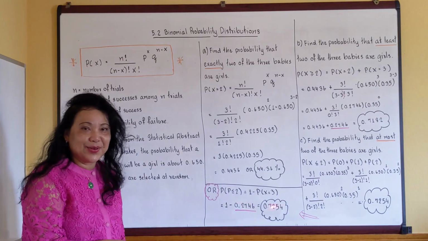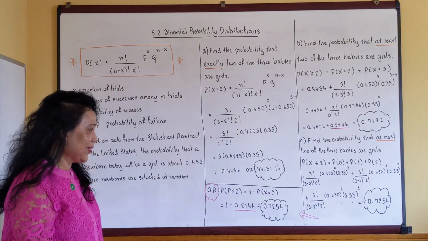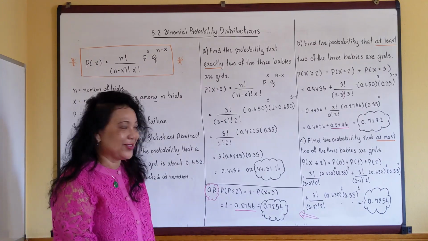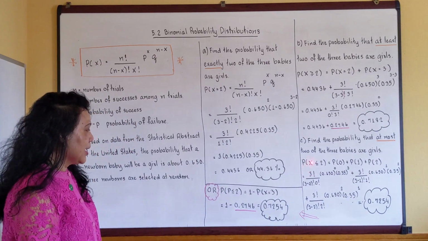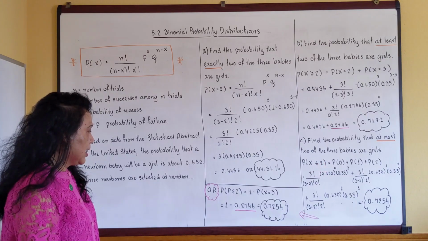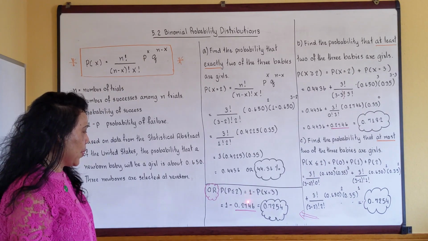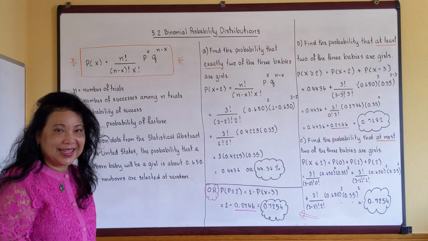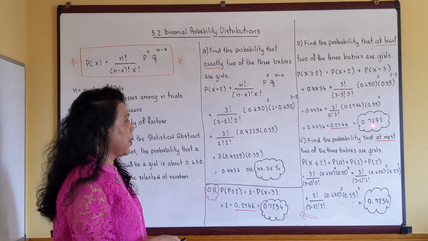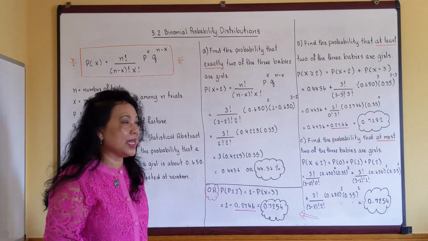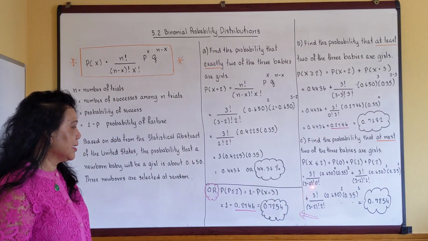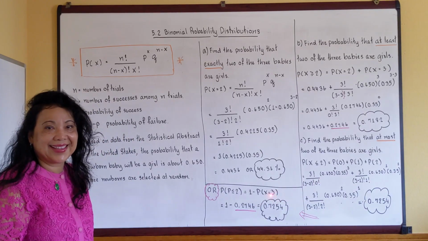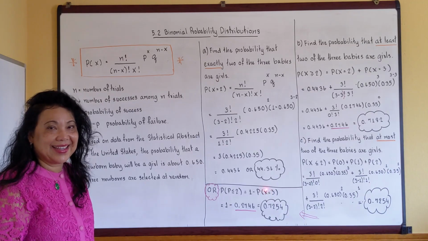And I want to show you the shortcut. If you don't get this, don't worry, all right? Don't knock your head on the floor. If you don't get it, it's okay. P of x less than or equal to 2 is the same as 1 minus P of x equal to 3. So think about it, at most 2 is the same thing as 1 minus 3.